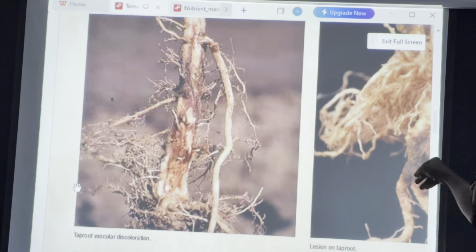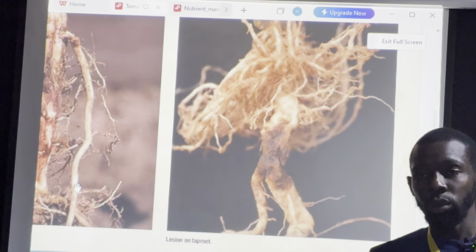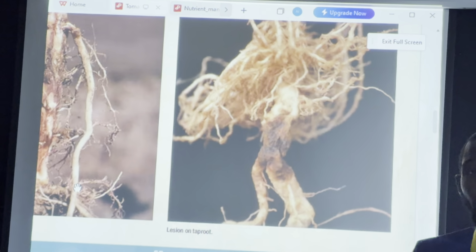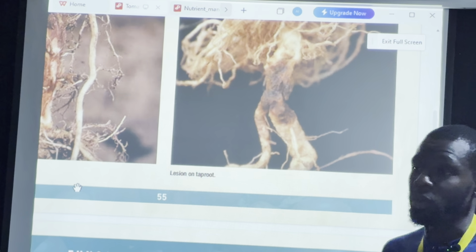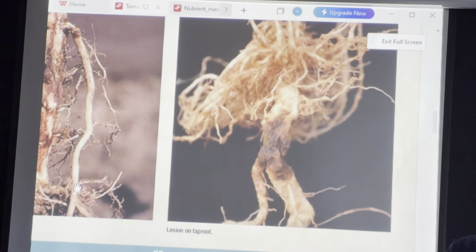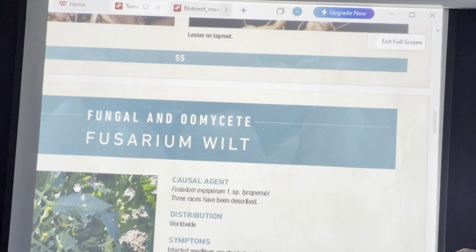Most of these symptoms are found in the roots, and the roots, as we know, are not visible unless your plants have been uprooted. So you have to look out for other symptoms when scouting, whether in your farms or in your greenhouses.